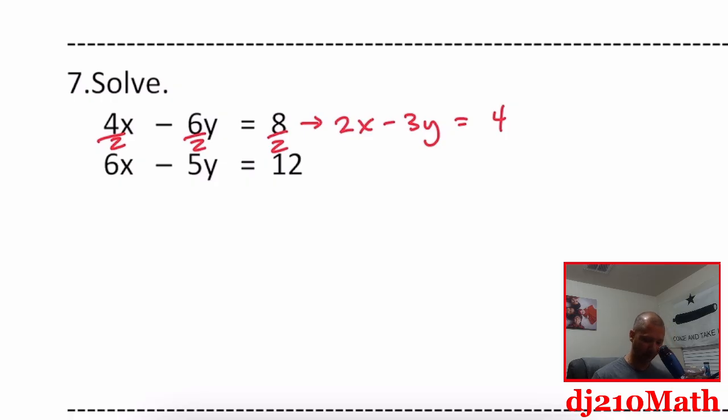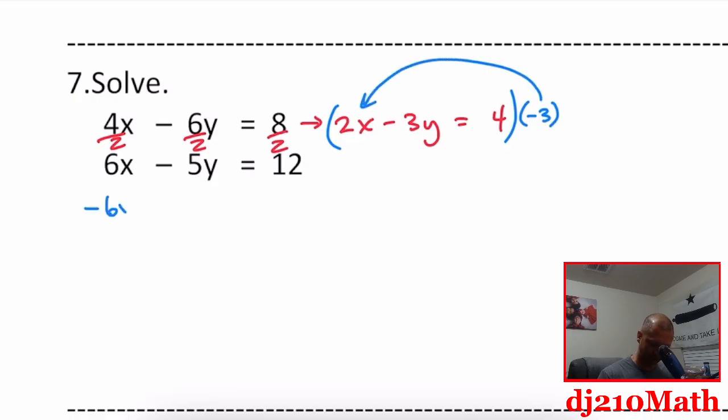looking at this, I can multiply the top one by -3 so that I can cancel out the x's. So watch, as I multiply this, this is going to make -6x plus 9y equals -12.